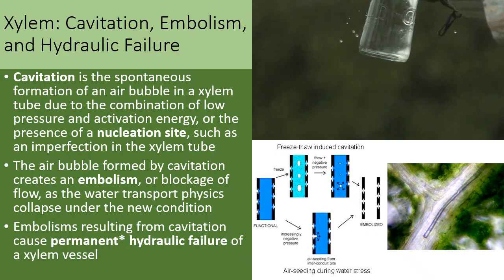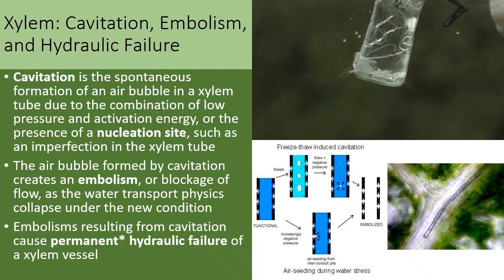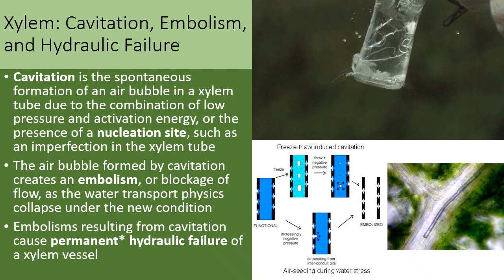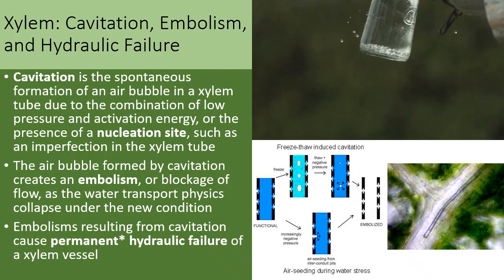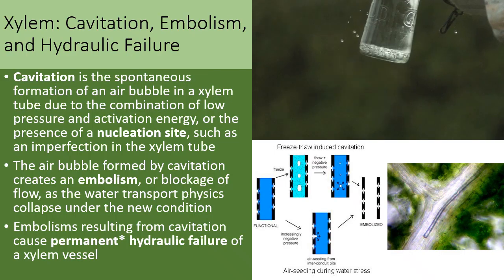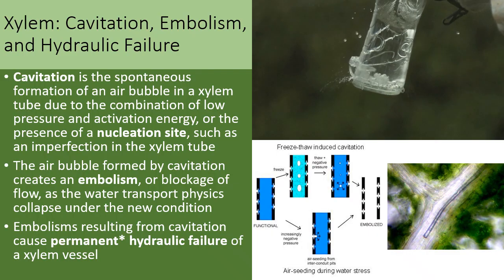If we look at this little diagram in the bottom left-hand corner, we can see that there are two different pathways to an embolism from a functional xylem tube. The top one we'll look at first. When water freezes, it forms ice crystals.